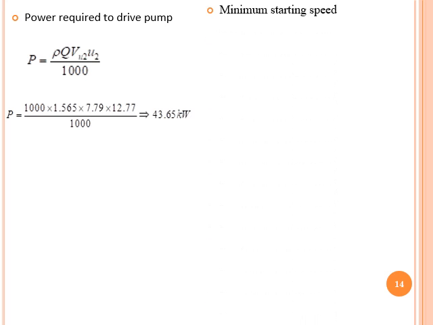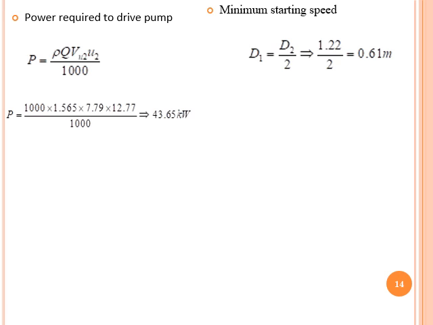Next, what about the minimum starting speed? In order to get the discharge, we need to run the centrifugal pump at a desired speed, otherwise no flow will occur from the centrifugal pump. So now we have to calculate the minimum speed required to get the output or discharge from the centrifugal pump.